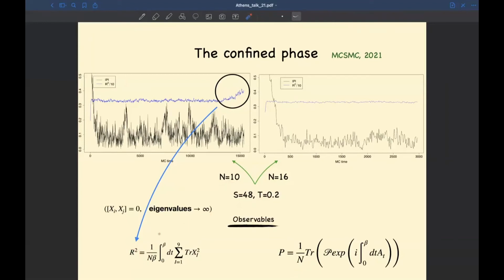And this is related to the flat direction problem of BFSS. Basically this is due to the commutativity of the matrices. Because one can diagonalize them simultaneously, there could be eigenvalues escaping to infinity, and this is energetically without cost.